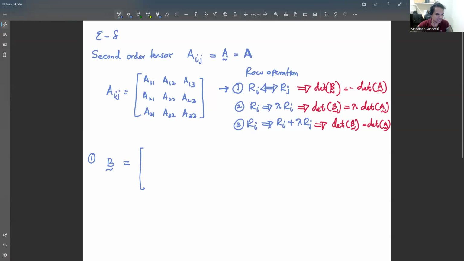I'm going to shift the first two rows, then here A21, A22, A23, this one A11, A12, A13. Third row will be the same. So this is the row operation you might have studied. So in this case, the determinant of B, just now we discussed, is minus determinant of A.